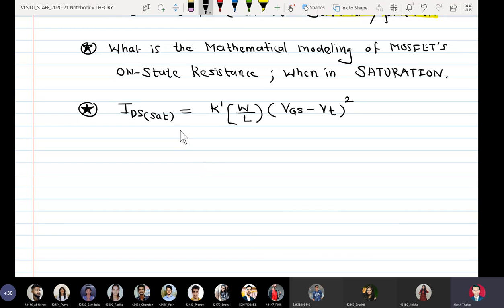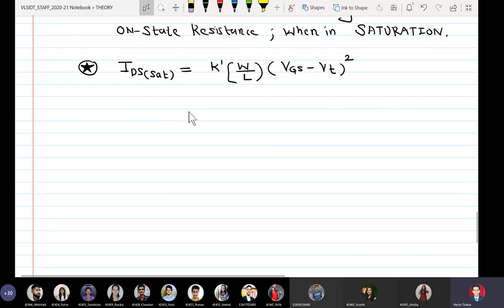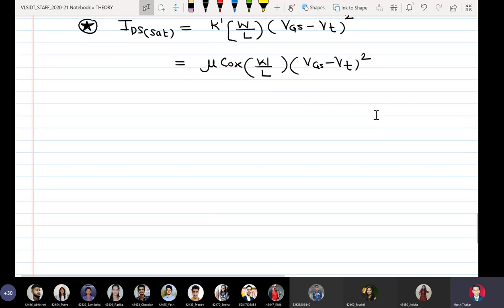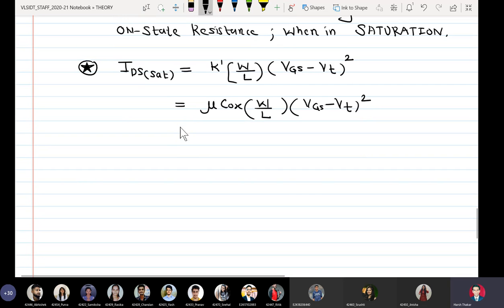So the device current in saturation is K dash into W by L into (VGS minus VT) whole square, and K dash is equal to mu into Cox, where Cox is given as epsilon ox upon Tox.